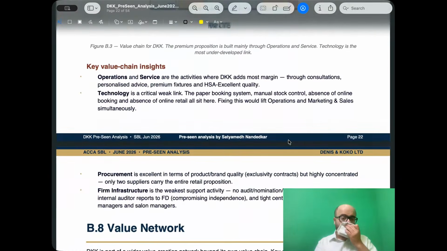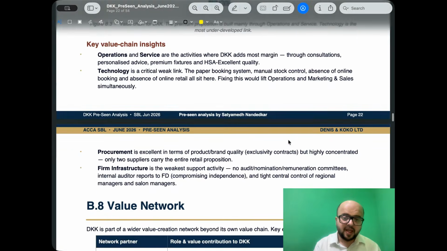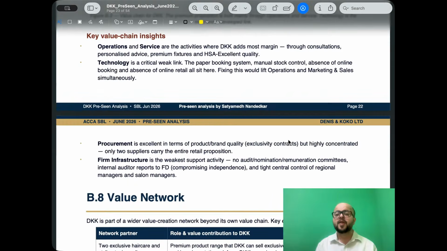Now, the key value chain insights: operations and service are the activities where DKK adds most margin through consultations, personalized advice, premium fixtures, and HSA excellent quality. Okay. So in the value chain, the highest value is primarily coming in from operations and from the service aspect.